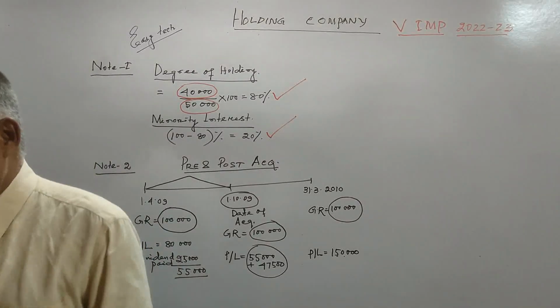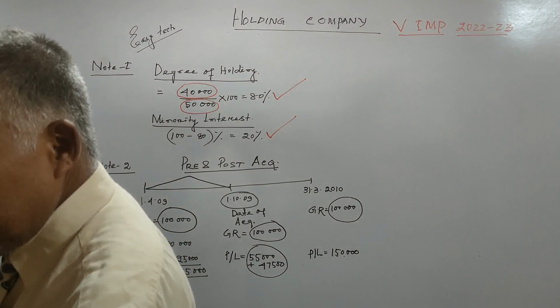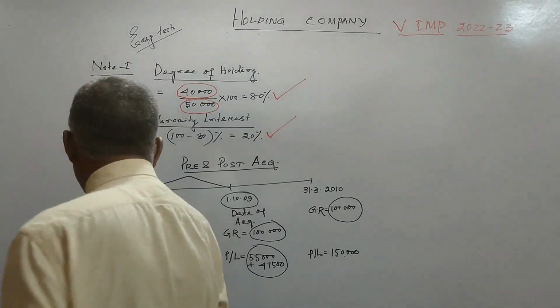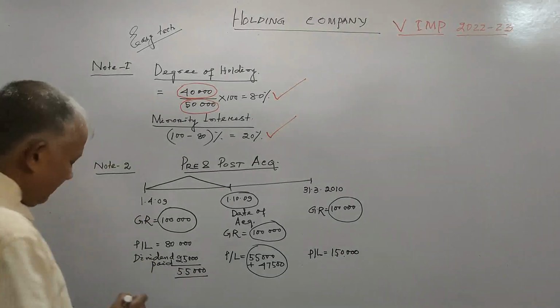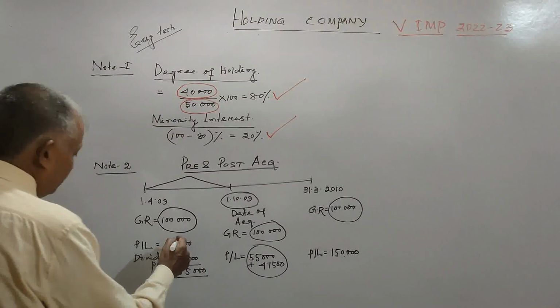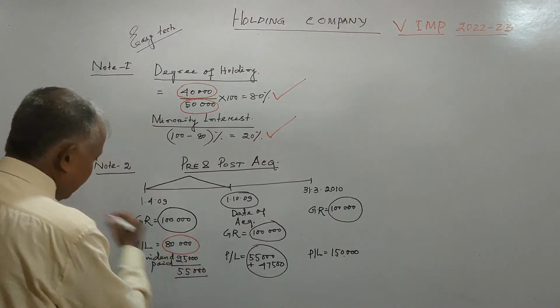PL balance, so far as your adjustment is concerned, on 1/4/2009, in the first adjustment you will see the profit was 80,000.